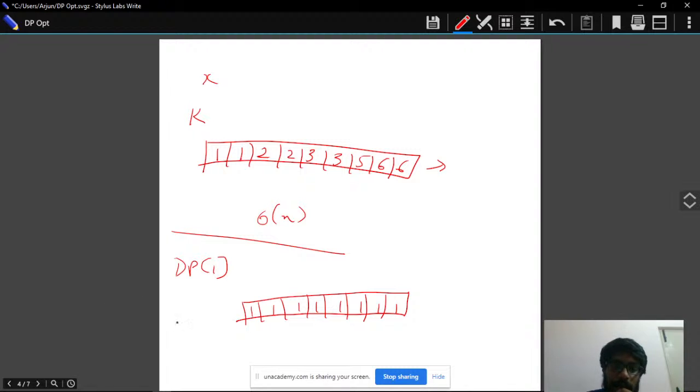Okay. Then let's say we calculate dp of 2, again, let's say it's a base case. We calculate dp of 2, and now we want to see for which indices cutting at 2 is better than cutting at 1.